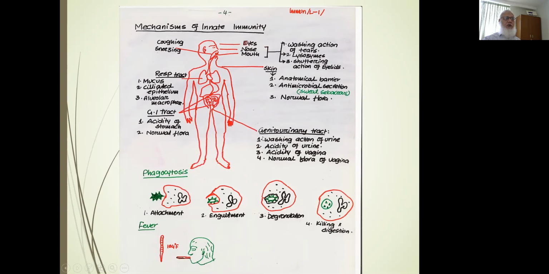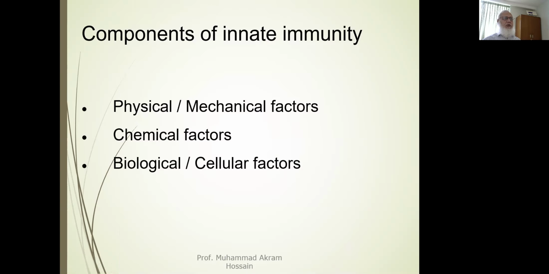In the genitourinary tract, washing action of urine, acidity of vagina, normal flora of vagina, phagocytosis, fever, all are included in one transparency. After getting this overhead projector and PowerPoint presentation, our presentations are different, but the contents are almost same.